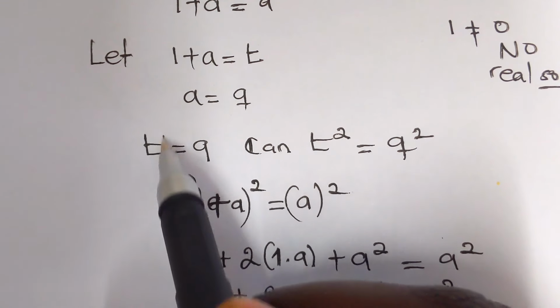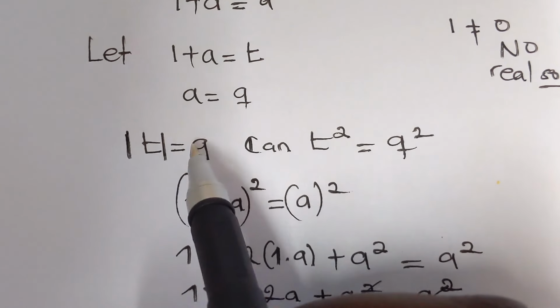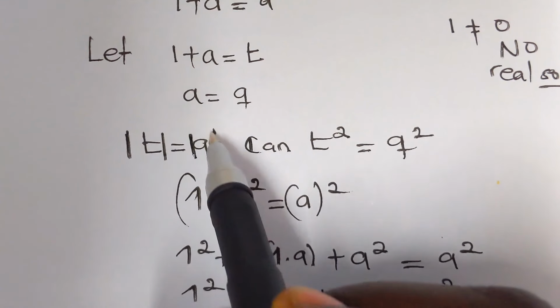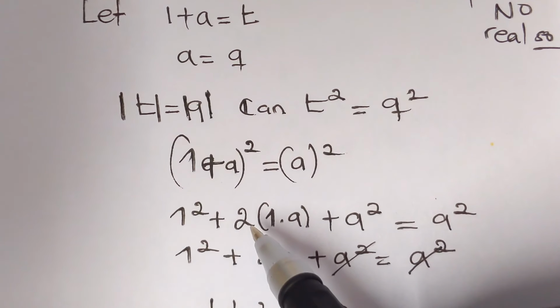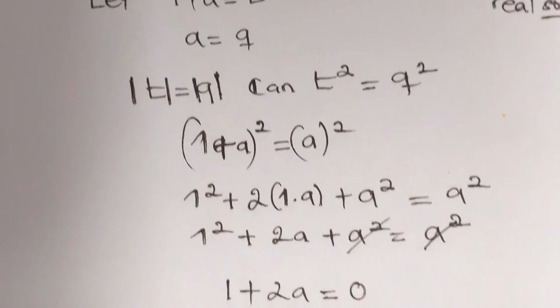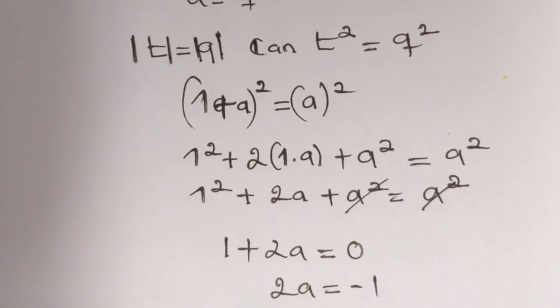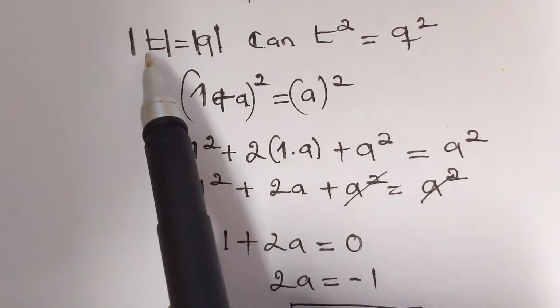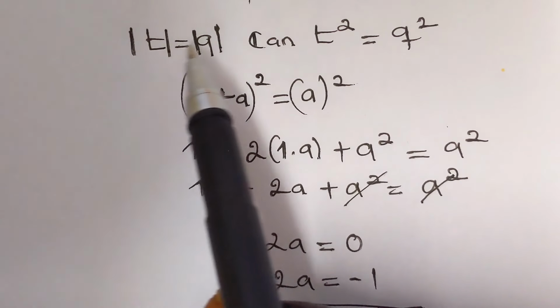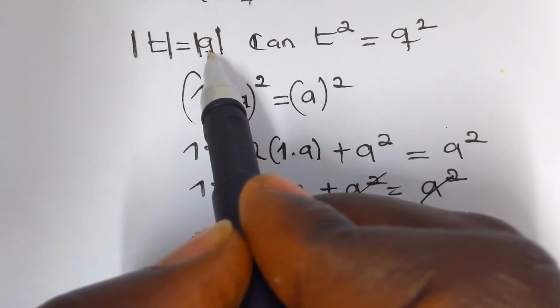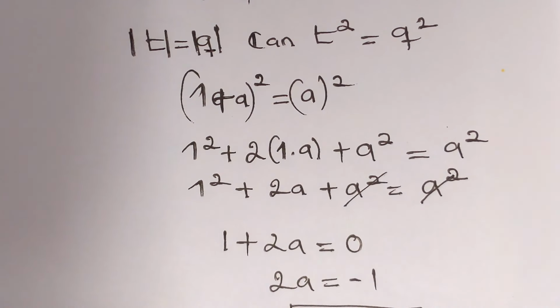When we have, for example, the absolute value of this one, what shall we have to mean that? Of course, at this stage we have the absolute value of t equals to the absolute value of q.